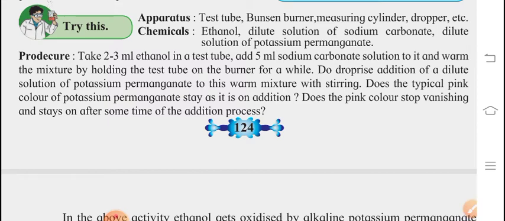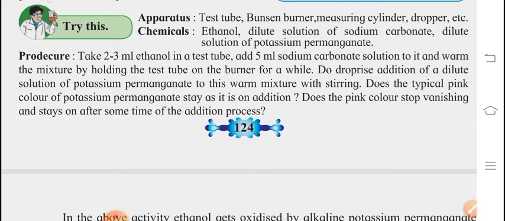What we have to do? First we have to take 2 to 3 ml solution of ethanol in a test tube, and then we have to add to it 5 ml sodium carbonate, and heat these two, ethanol and sodium carbonate.